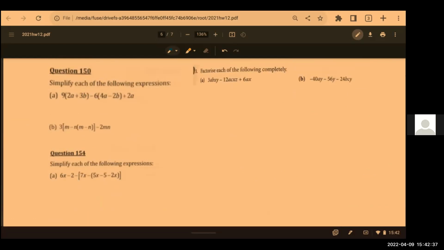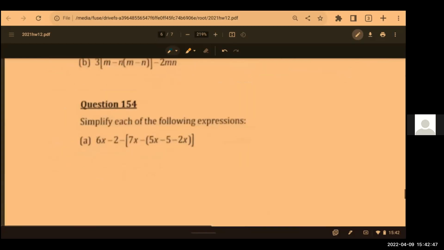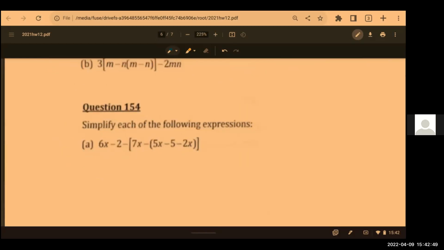Okay, good. This is about simplification. 154. Opening brackets. This one we have done already. This part, 154. Go ahead. Open the brackets. So you have two brackets. Which bracket do you do first? Yes, do this first.